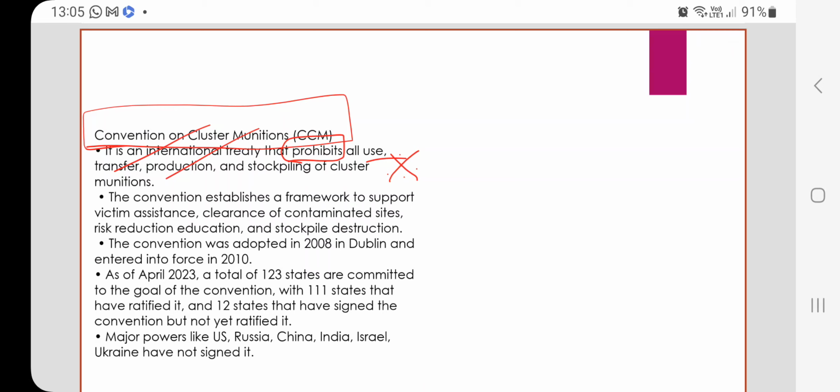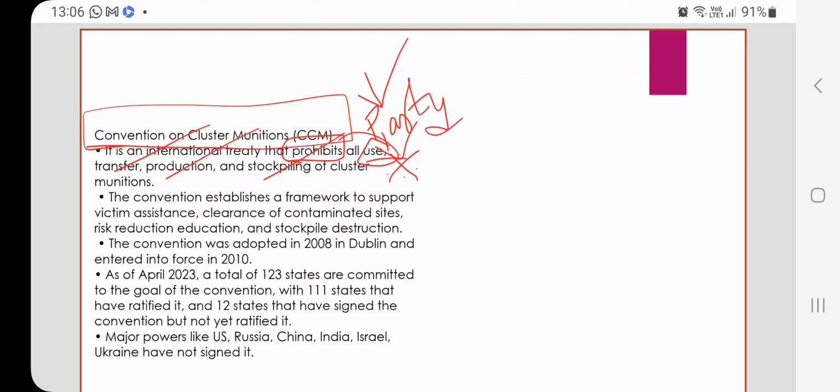They will have a legal obligation under international law to not produce cluster bombs, not to stockpile or transfer the bombs, and not to use them in conflict. However, this obligation applies only to the parties who have signed and ratified the convention.